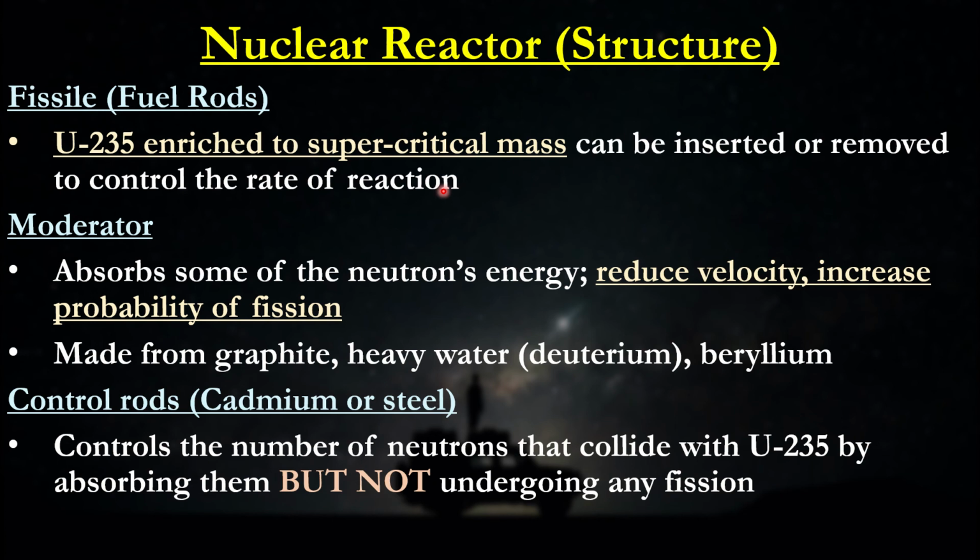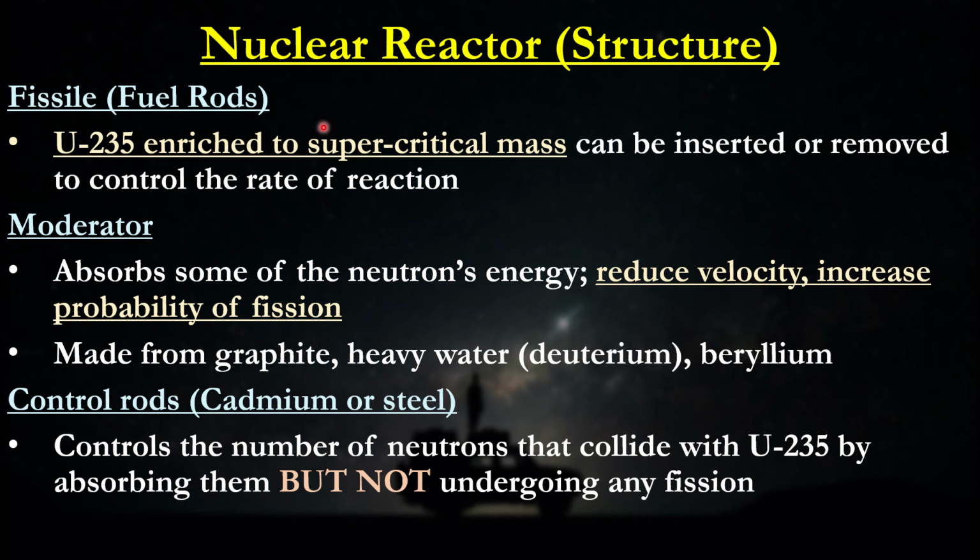So that's the idea. This is just a quick little summary of what we said just then. The main thing that actually controls this experiment is the control rods, the moderators, to reduce the velocity of the neutrons and also to absorb some of the neutrons.